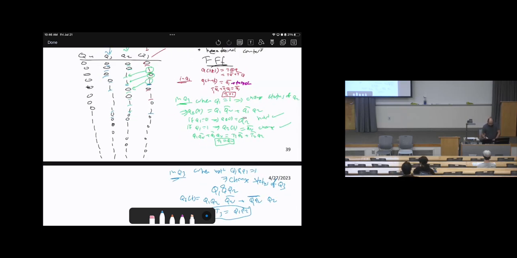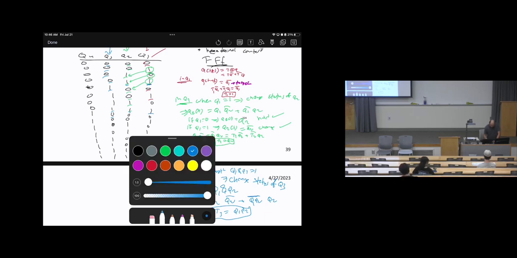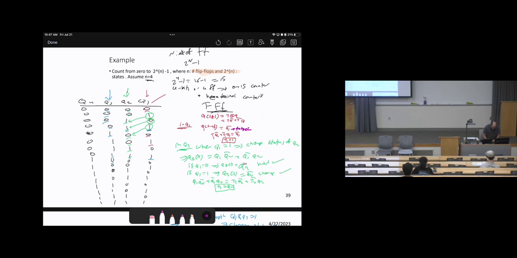The last one. Is there any other curve left? Okay. And the last one here, they are all zeros, and it will change if and only if all those three are ones. This means Q1, Q2, and Q3 are ones. Now it's getting much easier, right?